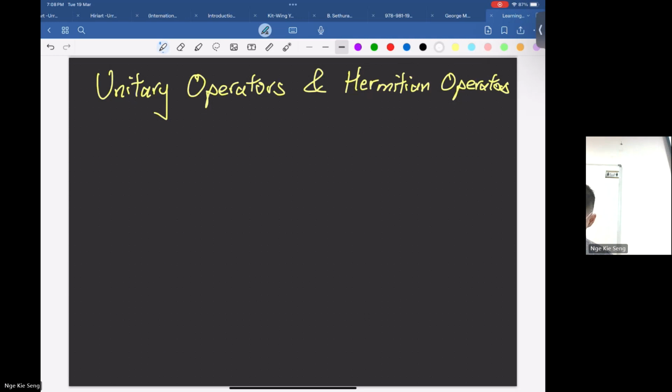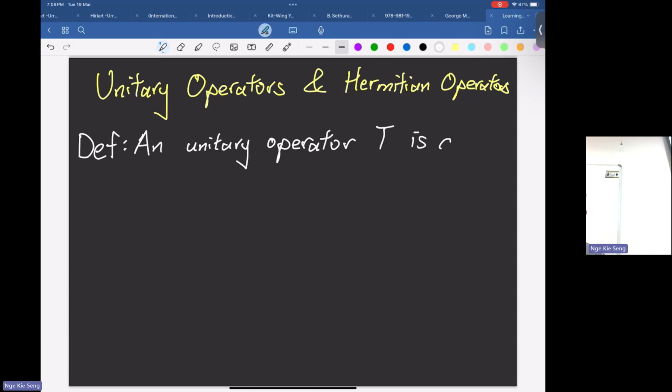So, what is a unitary operator? A unitary operator T, first of all, is an operator. An operator is nothing but a linear transformation, a linear map. How is it unitary?